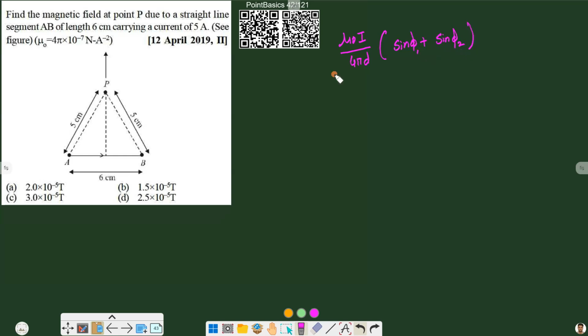This is the base formula which we have. Here AB is the conductor, P is the point at which we have to find the field. So this will be the value of phi 1 and this will be the value of phi 2.